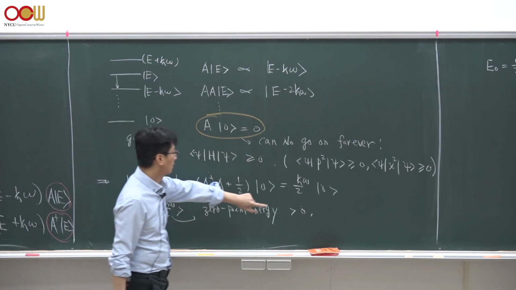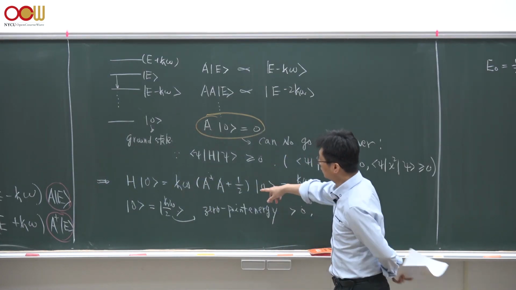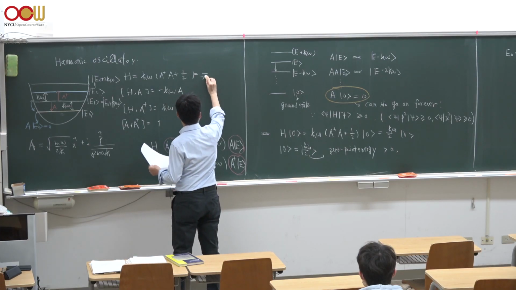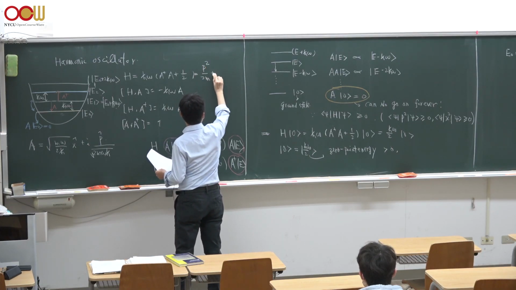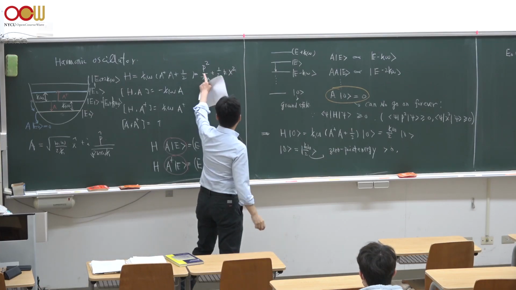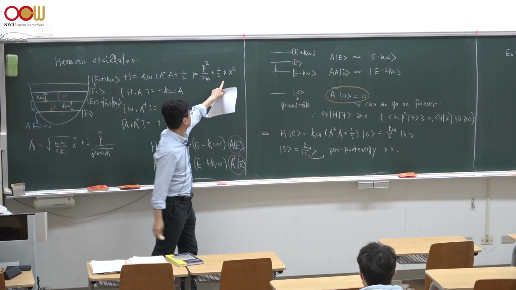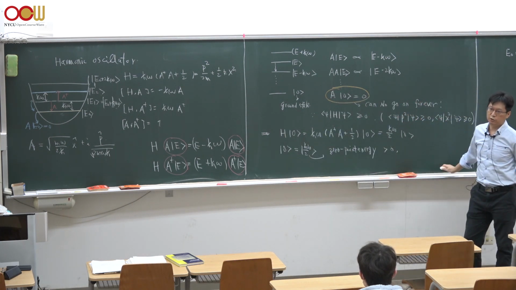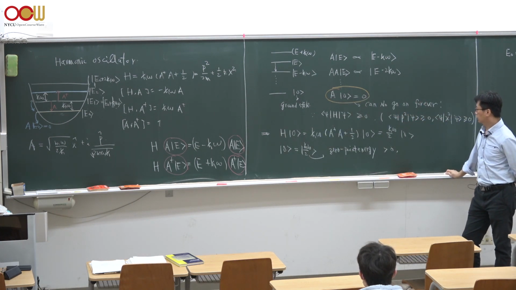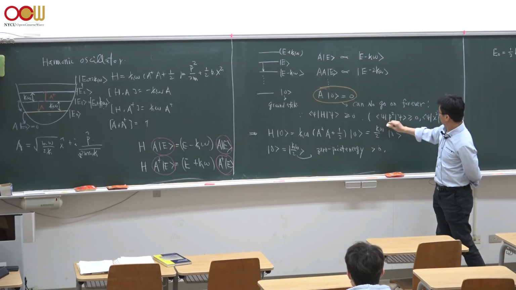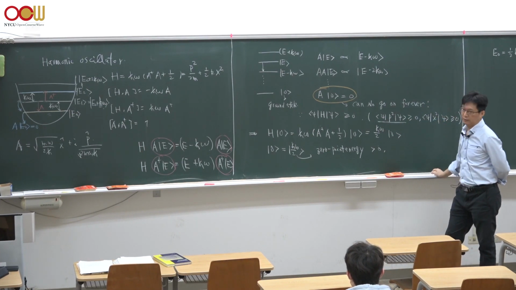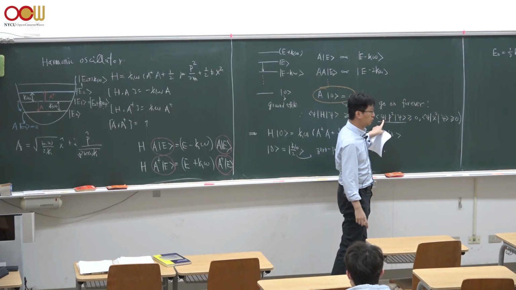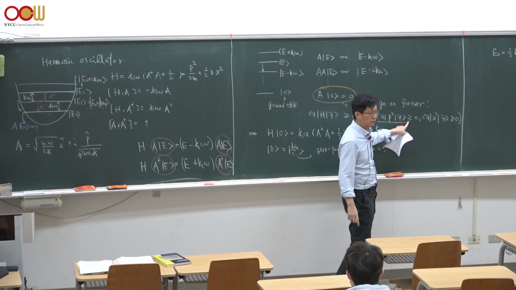You cannot have a negative eigenenergy. The reason is that the Hamiltonian, remember, is made of kinetic energy and potential energy, so it is made of p squared plus x squared. We know very well that p squared is the square of the p operator, so the expectation value of the p squared operator, no matter what psi you sandwich it with, is always greater than or equal to 0.